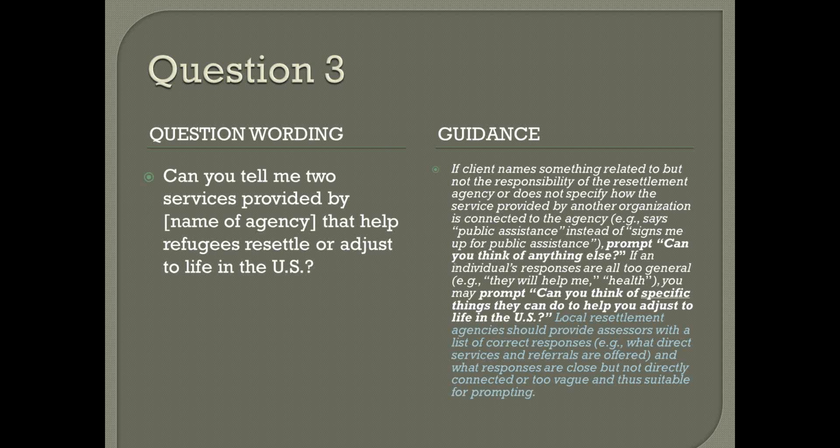An example of that would be a job. So the question is, what kind of service is going to be provided so that they can get a job? If they're able to speak more to speaking with the employment counselor, or they help me fill out a job application, that kind of thing.